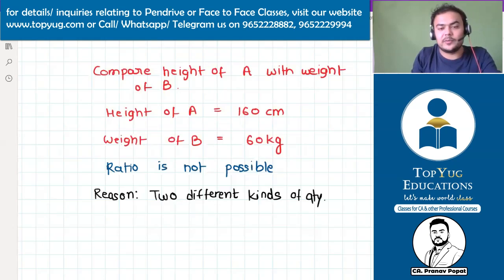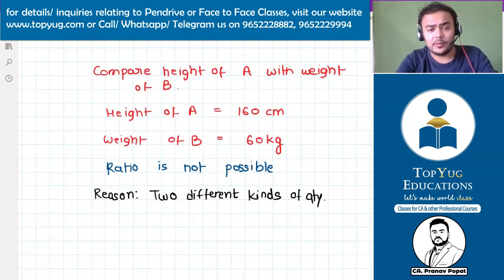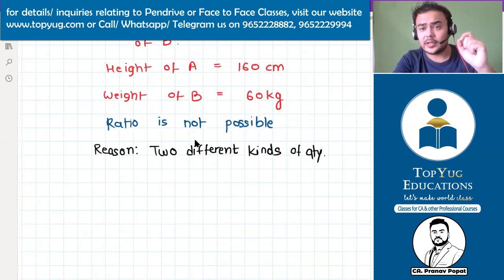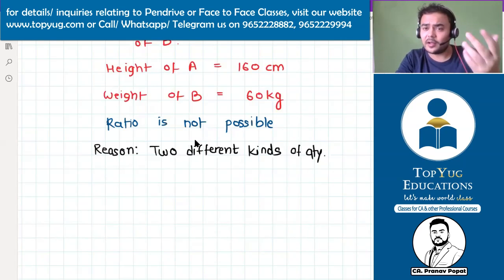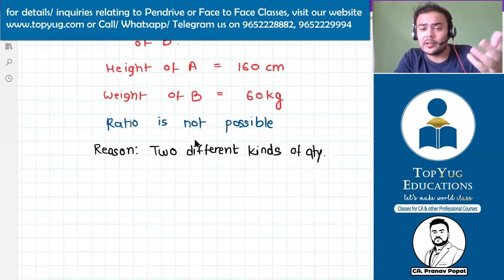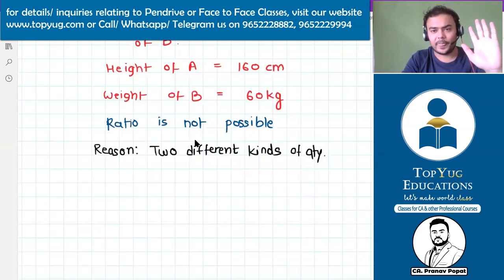Comparison is never possible. So till now we have understood two things. What are those two things? Two similar types or similar kinds of quantity, and both having the same units also. If the unit is not the same, we can convert the units and make the ratio. But if the kind is different, if the category is different, if the nature of quantity is different at all, the ratio is not possible at all.